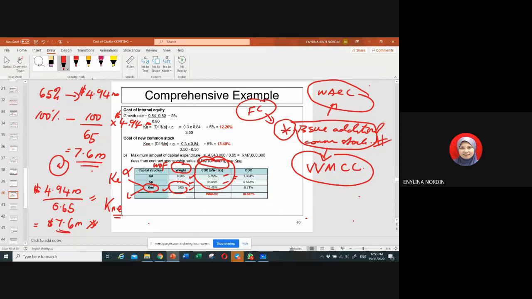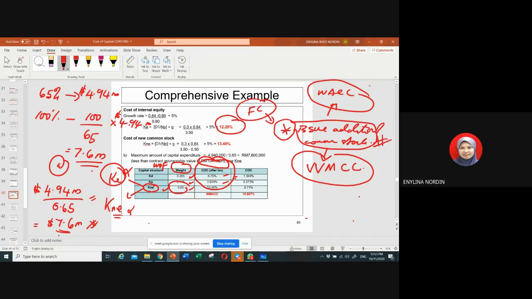Are you following? Let's say we calculate here 7.6 million and the contract sponsorship is 6 million. Do we need to issue new shares? No. If not, what does that mean? For this portion, the last row, we will not use KNE. We will use KE, so we will use 12.2%.